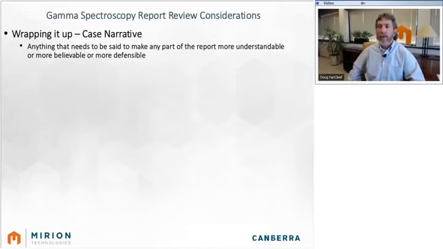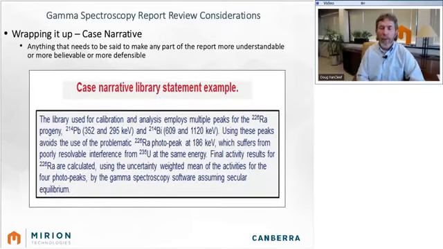In this particular example, we see that the generator of the report wrote a short narrative, a short story about the way they analyzed radium-226 through lead-214 and bismuth-214, and observed that radium-226 is difficult to identify directly because of potential interference with uranium-235. This is the kind of information which is not obvious in a report that's generated by gamma spectroscopy software, so it's a good idea to go ahead and add some commentary about that.